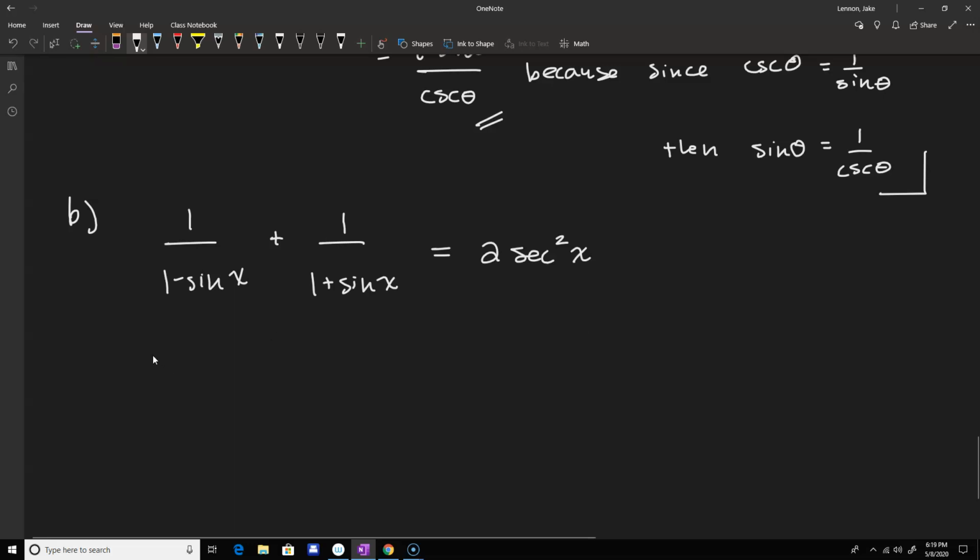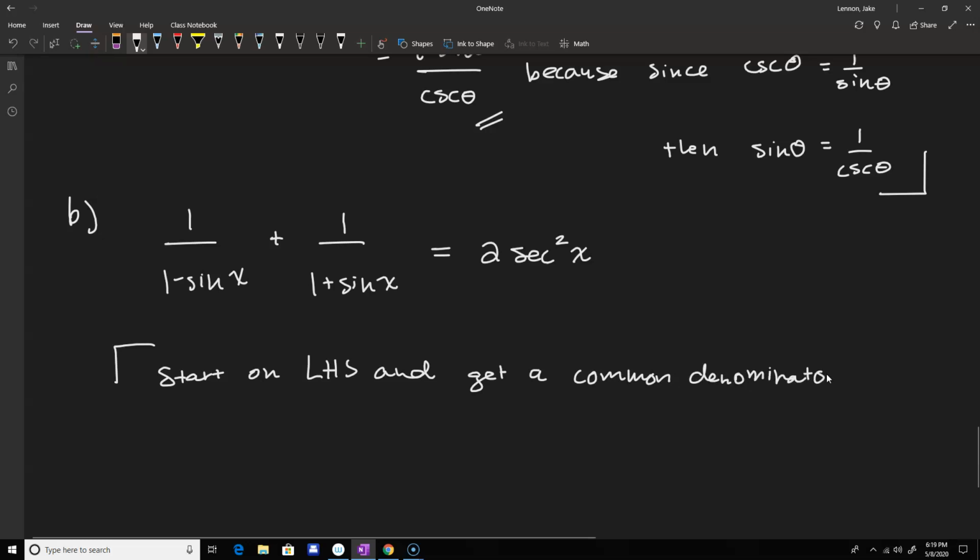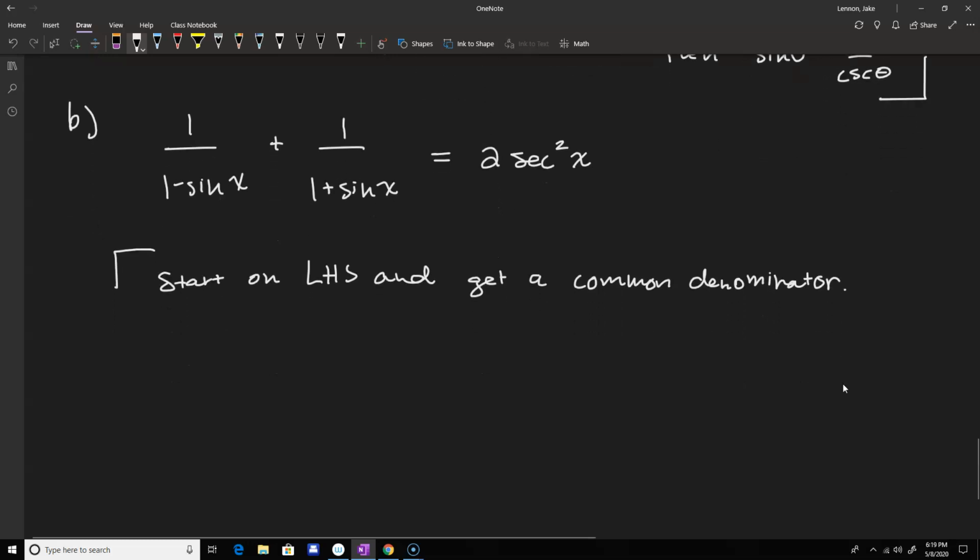So let's see how to do that. Let's start on the left-hand side and get a common denominator. So how do we do that?